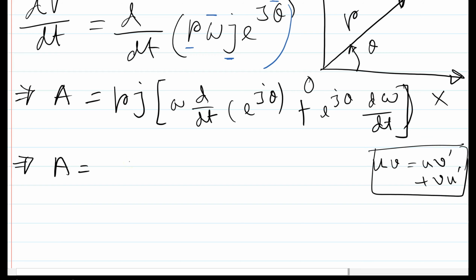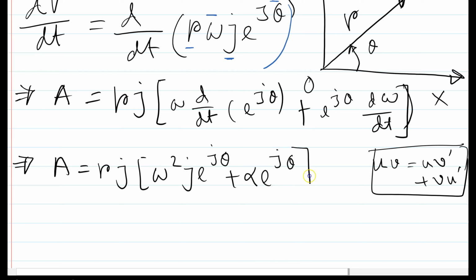After the differentiation and simplification, we get the equation for linear acceleration as r j omega squared j e^(j theta) plus alpha e^(j theta), which is a polar form. Now we want to convert this into Cartesian form using Euler's identity.